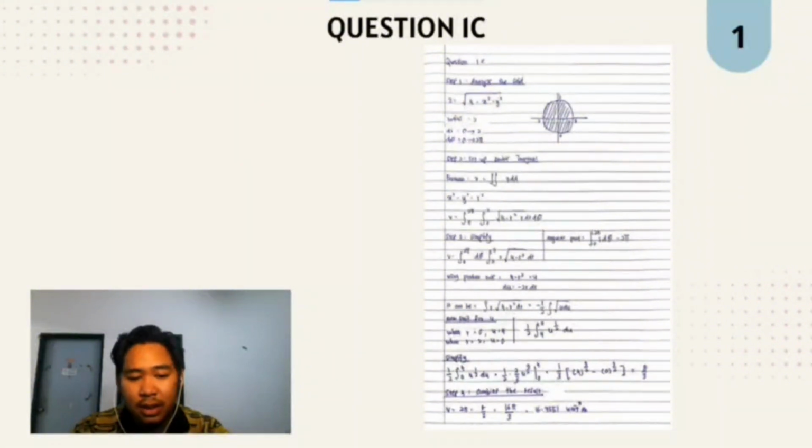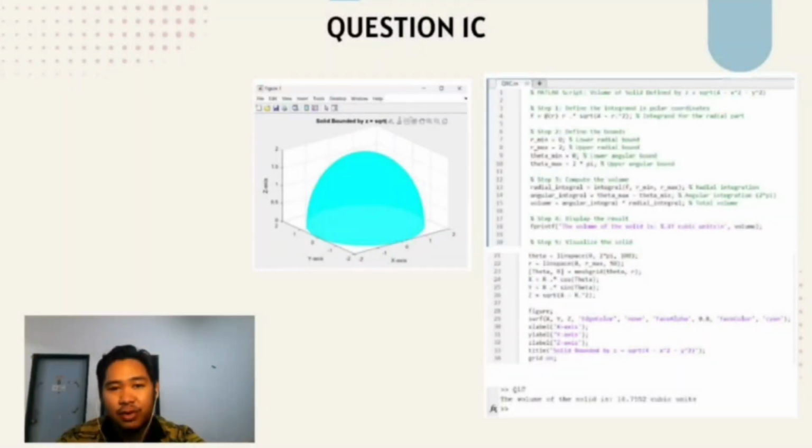Then we find the new limit for the product rule, and we simplify again, and then we combine the result, the answer we get for the angular part and the answer we simplified. The answer we get is 16 pi over 3, which is 16.7551 units. And next we go through to the software simulation for question 1C. In this question, we just use MATLAB to do the simulation.